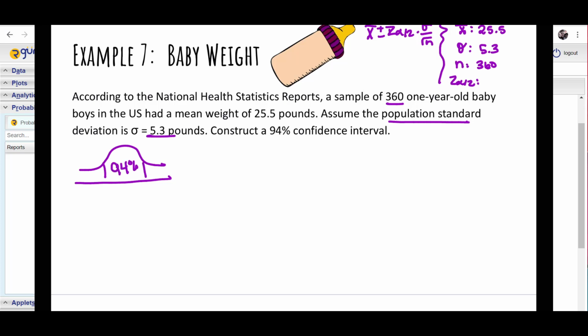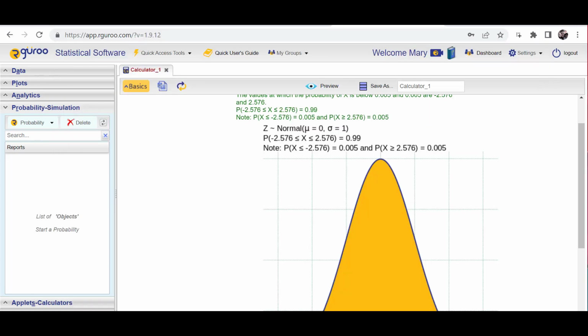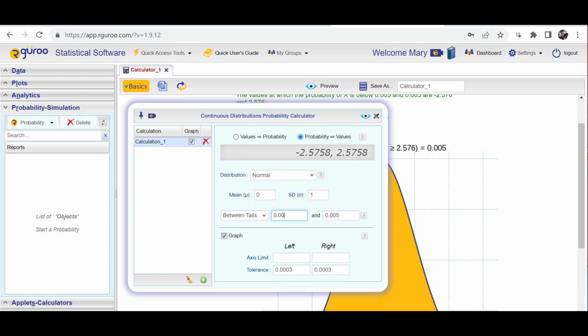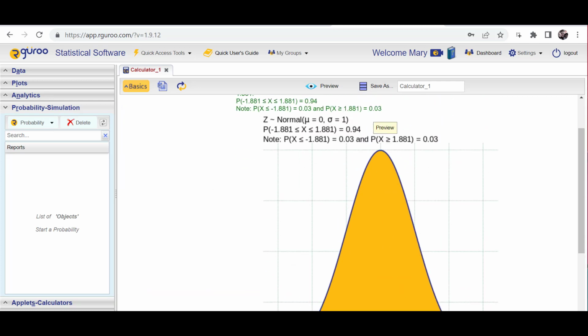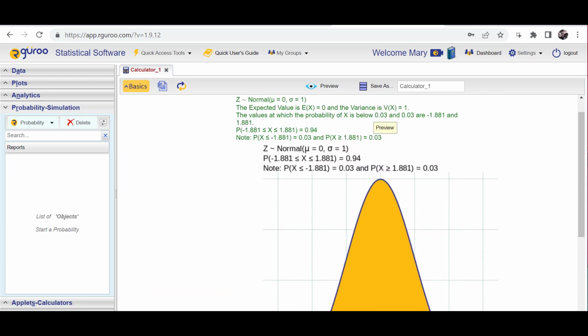If 94 is in the middle, that leaves 6% left over. And if you divide that in half, that's 3% on either side. So quickly going here, changing it to 0.03 and 0.03. 1.881.